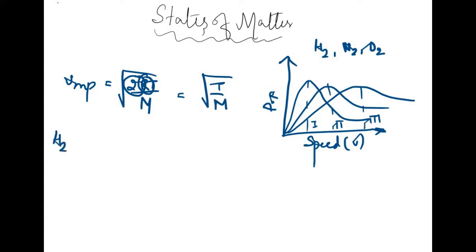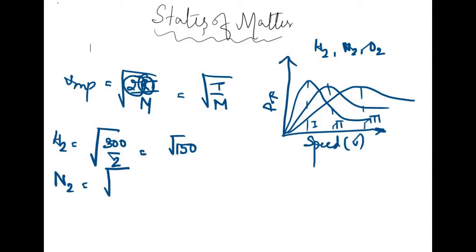So for hydrogen, the temperature is mentioned as 300 Kelvin and the mass would be 2. So it is root over 150. Nitrogen is root over of temperature 300 divided by 28, the mass. So this should be root over 10.7.